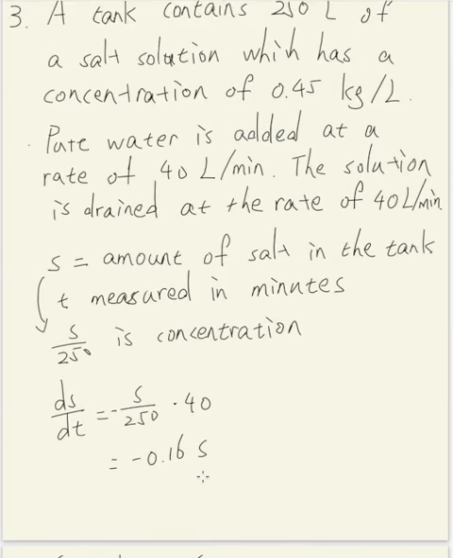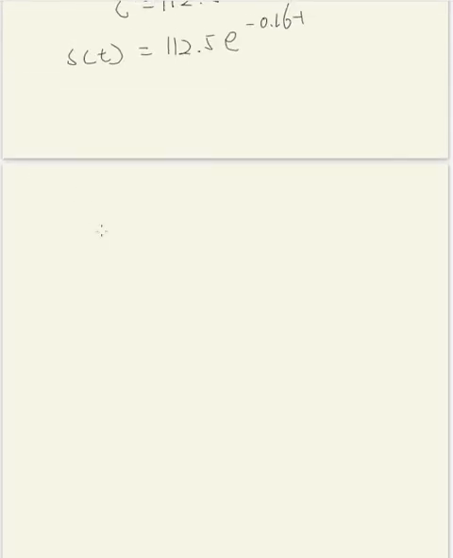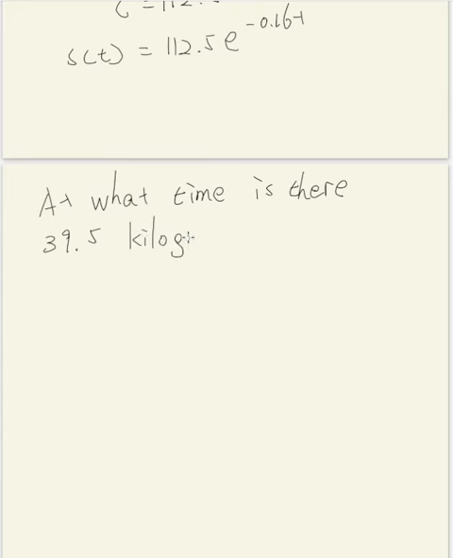There's a second part to this problem. After we obtain the amount of salt in the tank as a function of t, we ask at what time is there 39.5 kilograms of salt remaining in the tank.